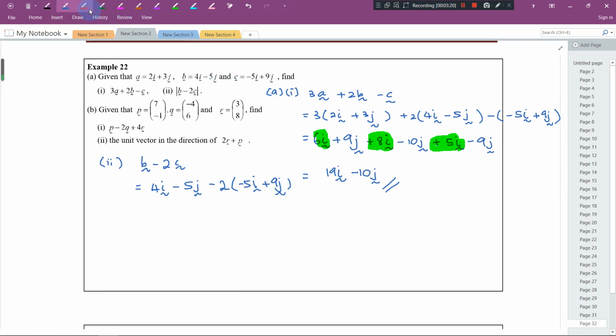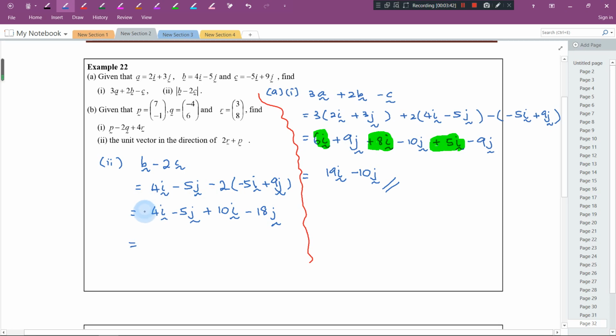Okay, let me draw a line over here. So this is 4i minus 5j, negative times negative you get positive, 2 times 5, 10, negative times positive negative, 2 times 9, 18.